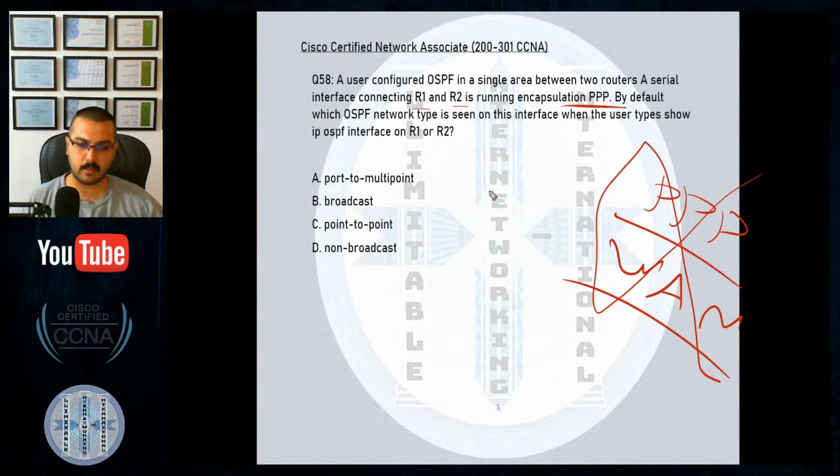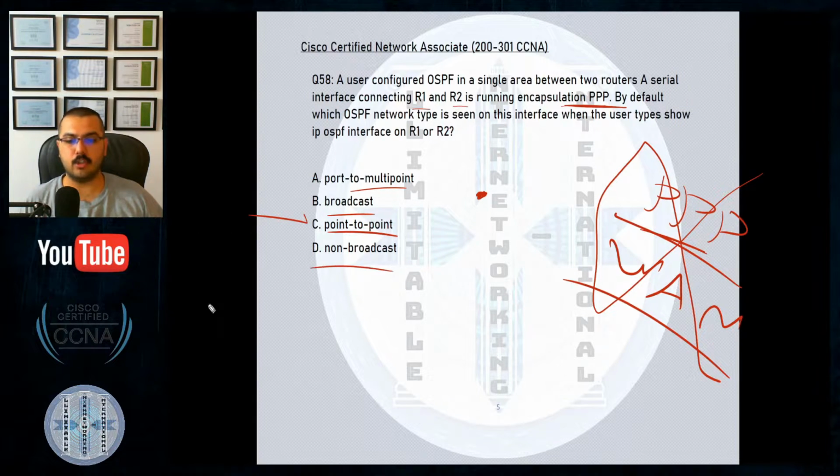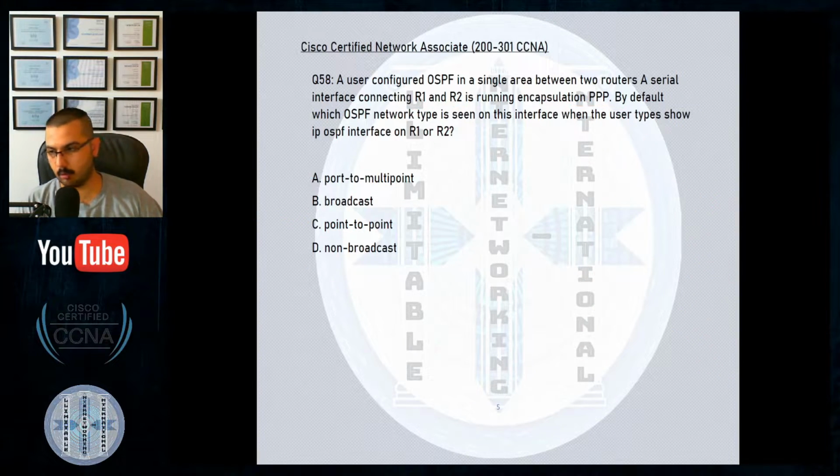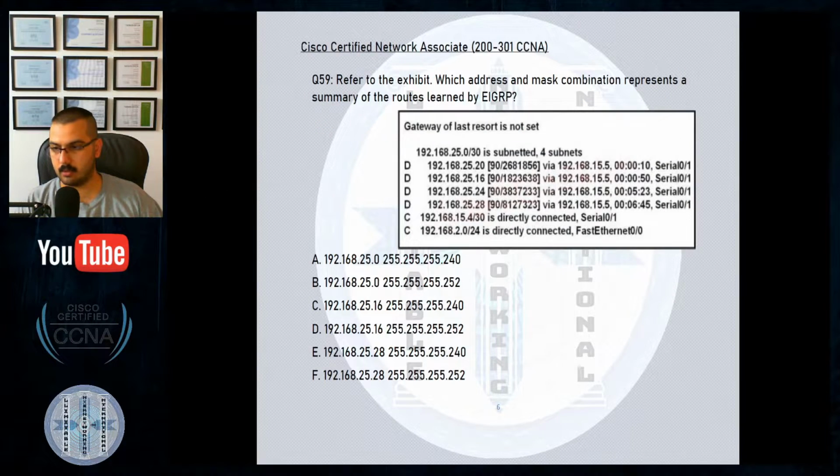But whenever there was an interface that is encapsulated with PPP, and later it was using OSPF, then that OSPF will be OSPF type point-to-point. Otherwise, it depends on the topology and design of your network and other layer 2 or layer 2.5 logical protocols that were used in them that will specify it's a non-broadcast, broadcast, point to multipoint, NBMA, and so on. All of those had been removed from the CCNA.